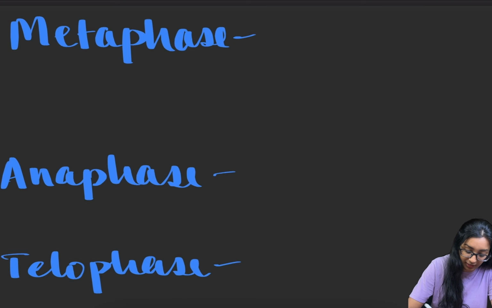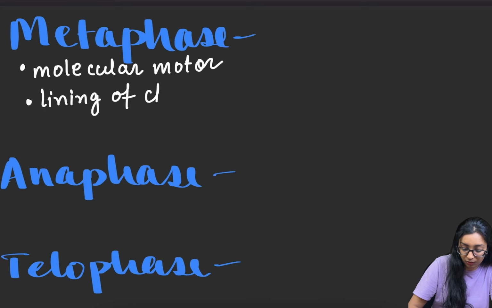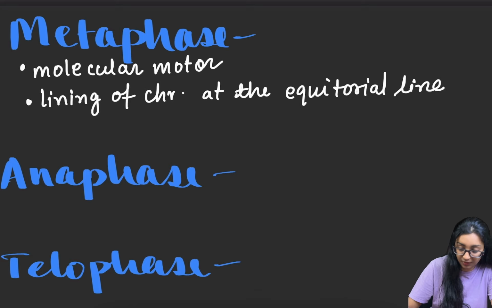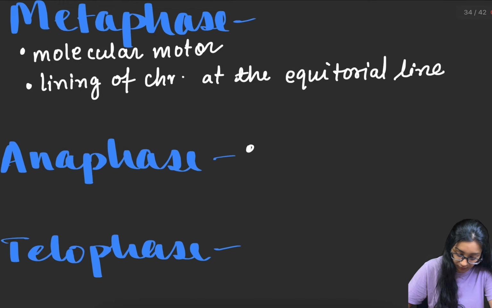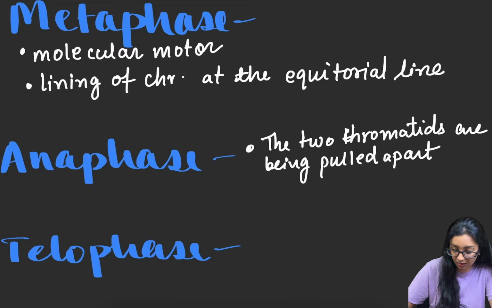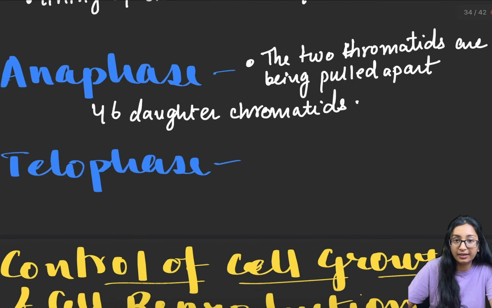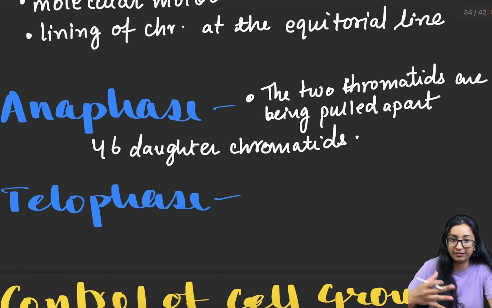So in metaphase, there were molecular motors lining up the chromosomes at the equatorial line. In the anaphase, the two chromatids are pulled apart, so there is formation of 46 daughter chromatids. In the telophase, everything has been separated, and the new cell formation has taken place.